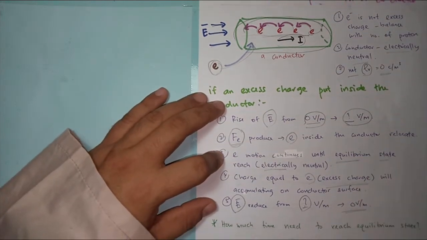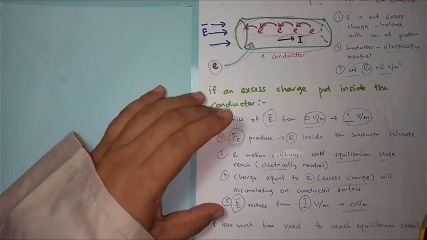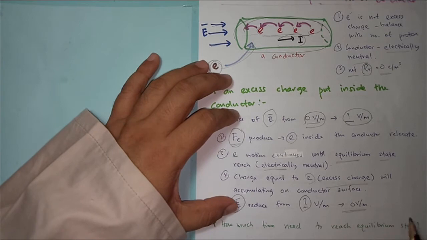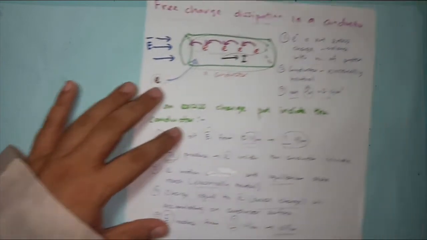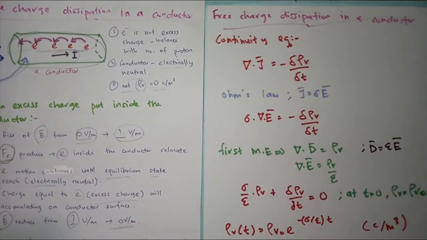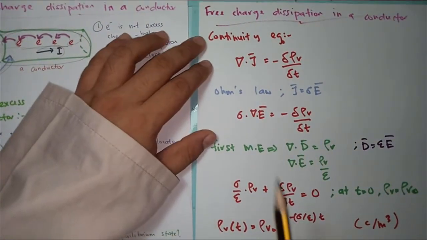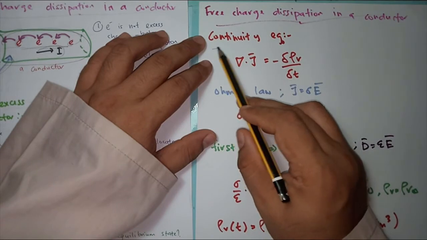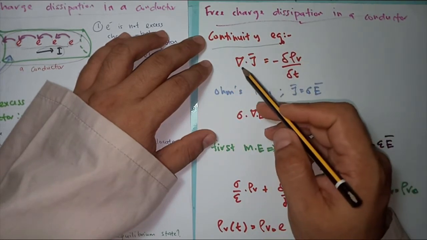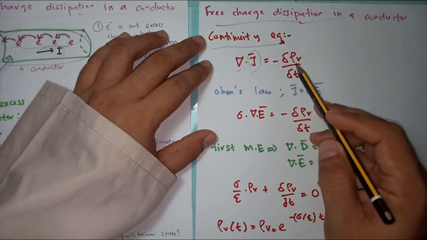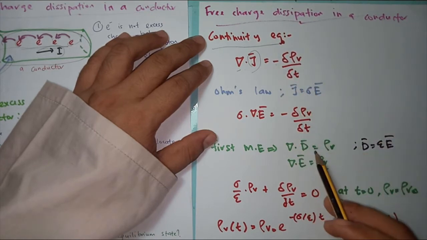However, how much time is needed for this equilibrium state to be reached? Let's consider the equation that we had in the previous subchapter, which is the continuity equation. We have del dot vector J is equal to minus del rho v divided by del t.